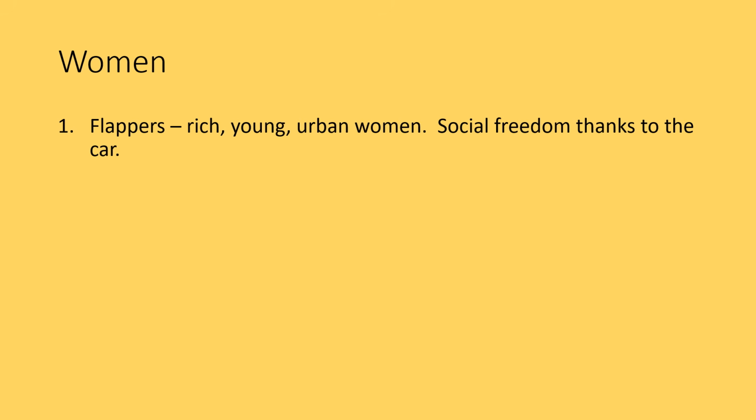And the car is a big part of that social freedom, but we're also seeing a development in attitudes. This idea that women want to be able to go out on their own. They want to have that social freedom. And also, it's part of many women going into the workforce as well.